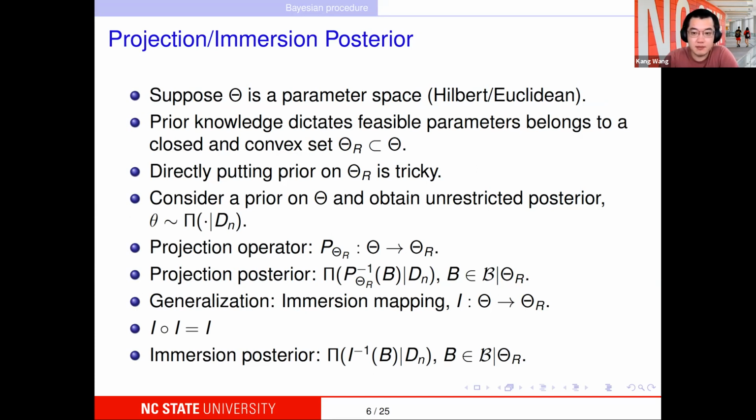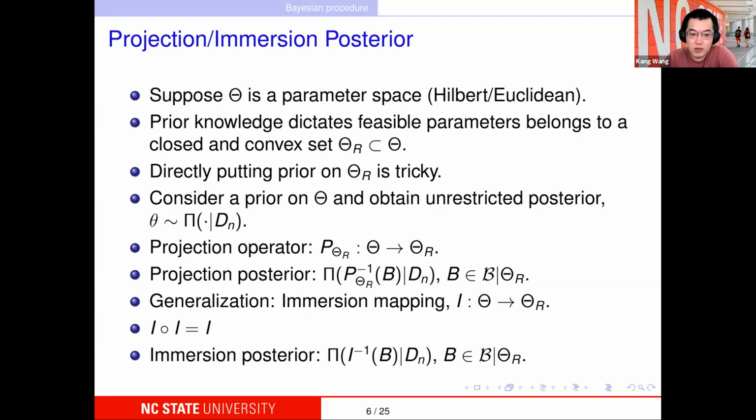But the unconstrained posterior samples may not satisfy the shape restrictions, and then we perform a projection. Here we call the projection operator P_Theta_R. So we project the unconstrained posterior to the constrained parameter set.